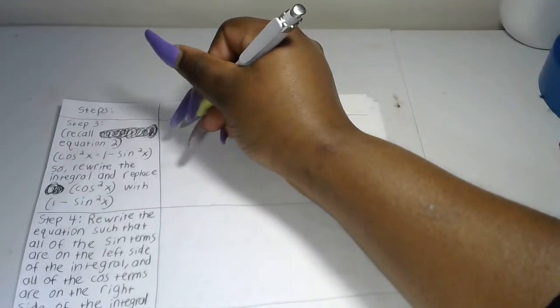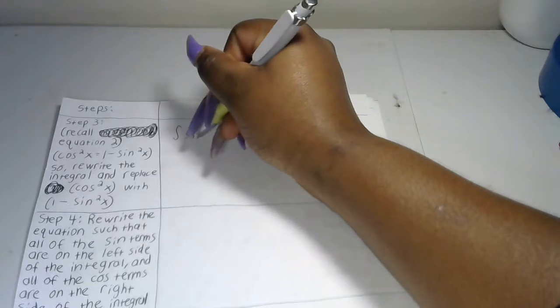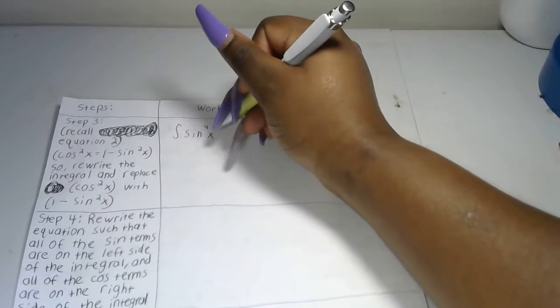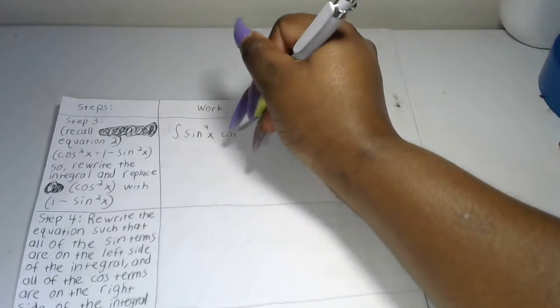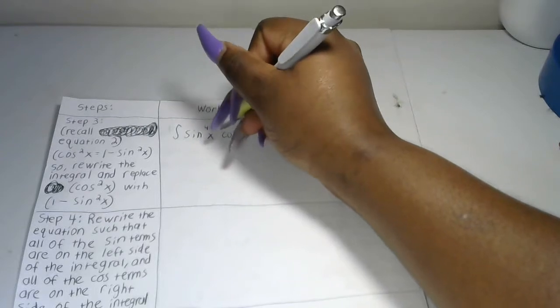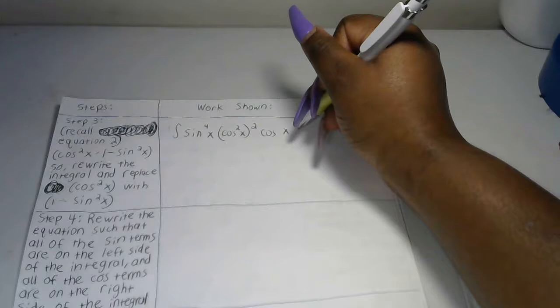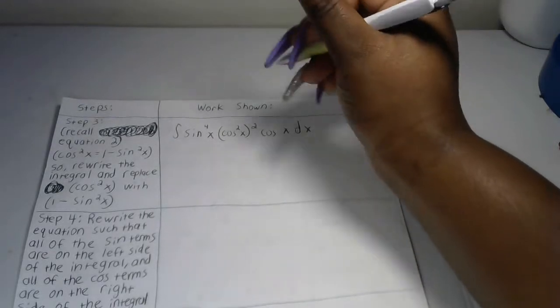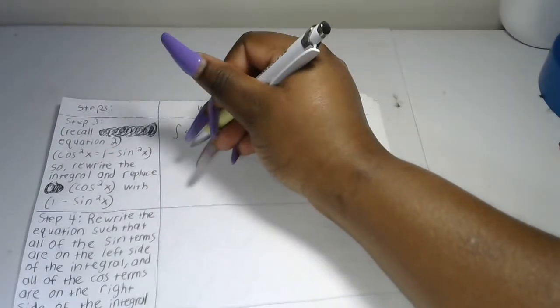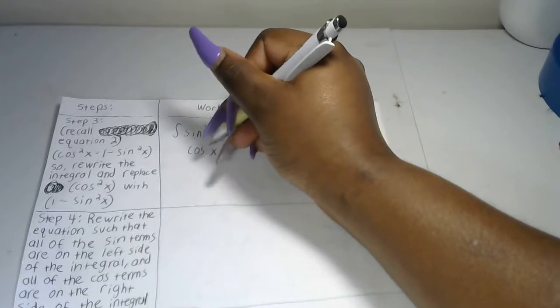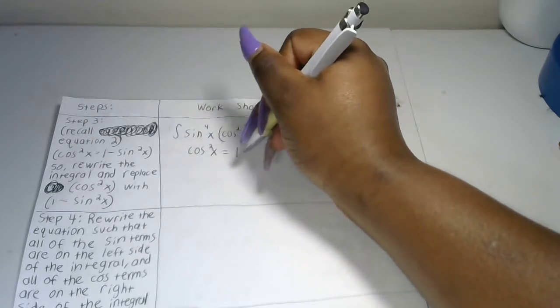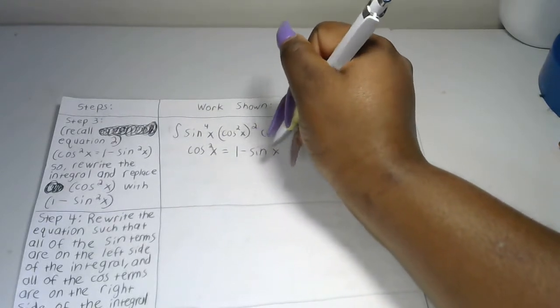What we had before was the integral of sine x to the 4th power times cosine x to the 2nd, and all of this to the 2nd power times cosine x dx.